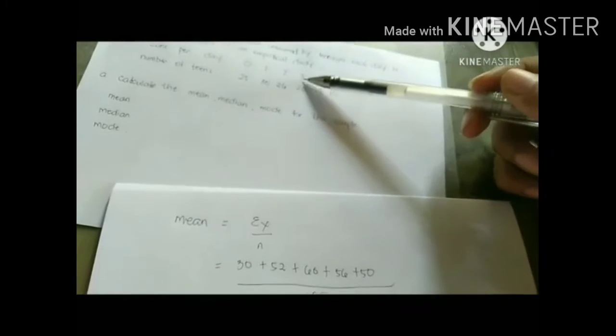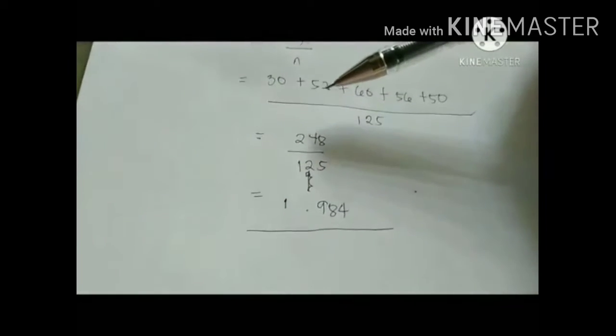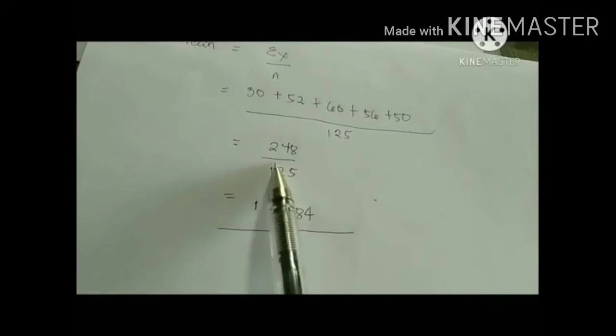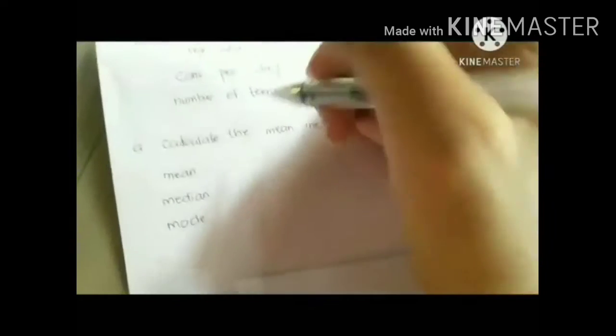And 30 times 1 is equal to 30. 26 times 2, we have 52. 60, because it's 20 times 3. 14 times 4, we have 56. And we have 10 times 5 is equal to 50. So we end up having this. We add these numbers, so we have 248 divided by 125, so we have 1.984 for our mean.